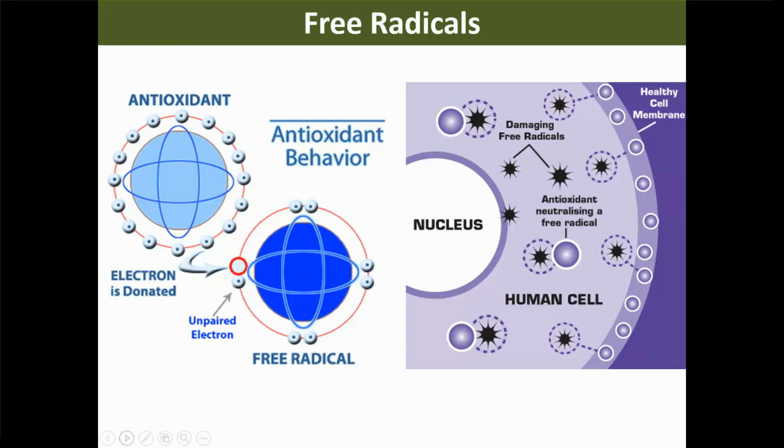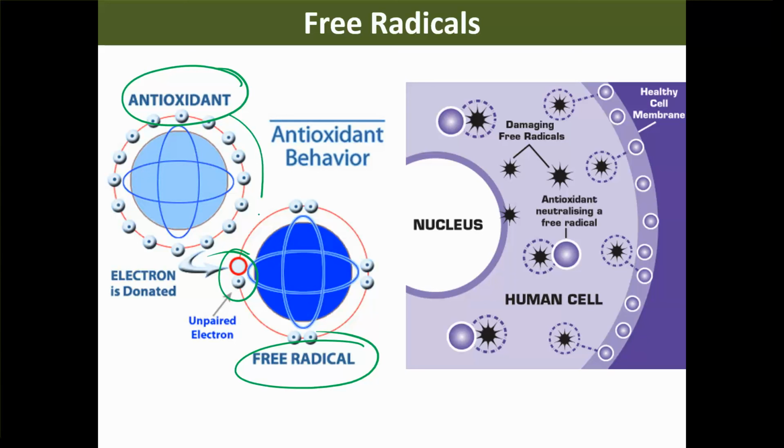So now coming to the free radicals. Free radicals are substances which have an unpaired electron in the outer orbit. Antioxidants are substances which donate electrons. If free radicals are increased, they will take electrons from the surrounding substances and turn them into free radicals, and they will completely damage the cell.